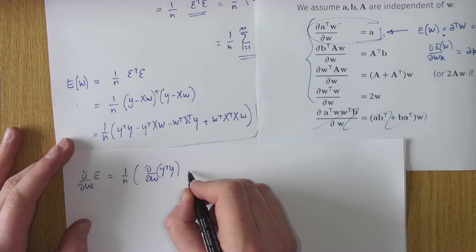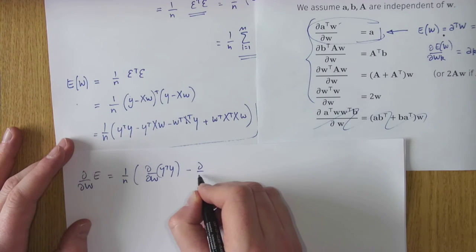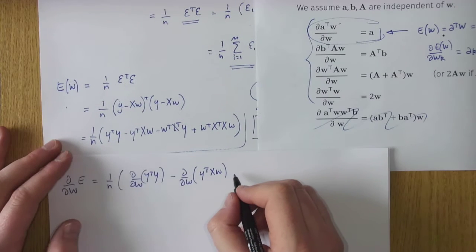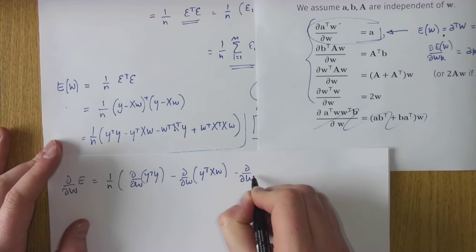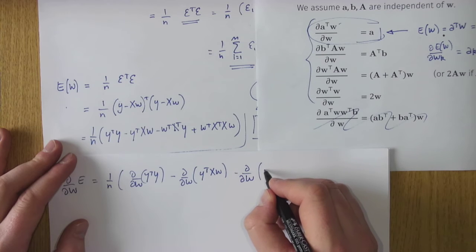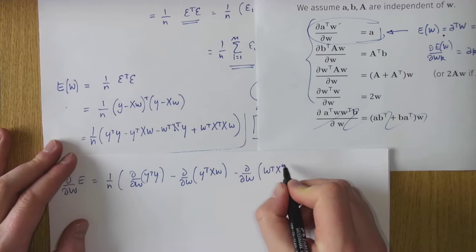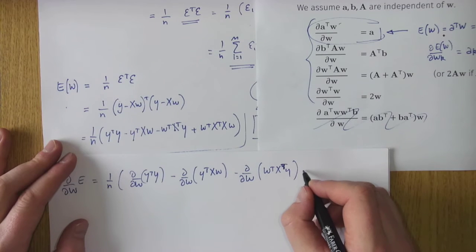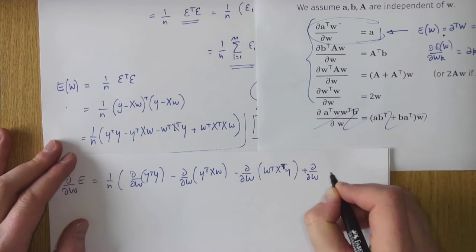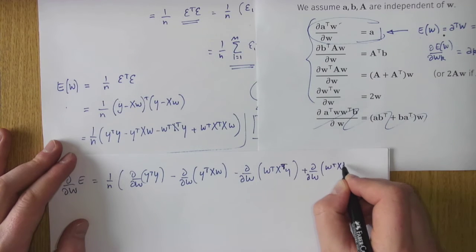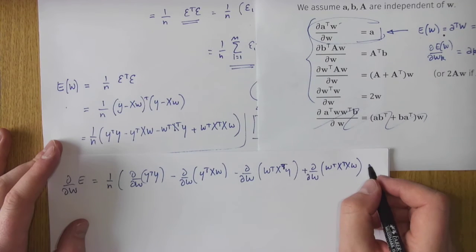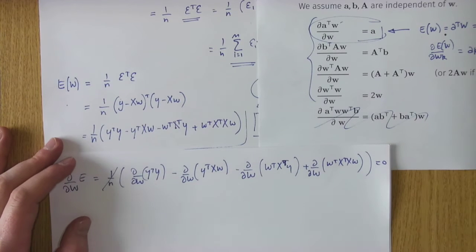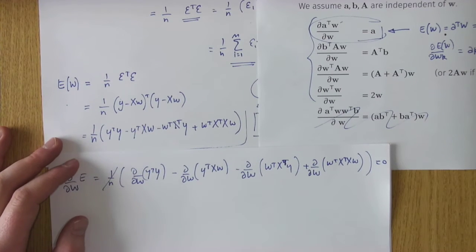Then you have the gradient of that other expression, and then the gradient of W transpose X W. And you say it's 0. And because it's 0, I'm just going to cancel this in front. It doesn't really matter.